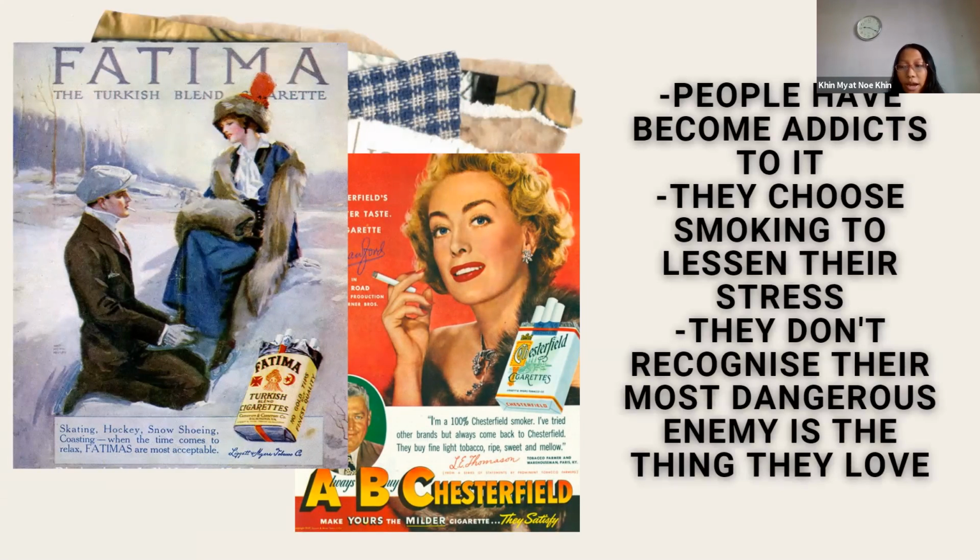People become lifelong addicts to cigarettes. So, what are the reasons for this? The reasons why people choose to smoke are to lessen their stress, feeling down or sad, or when they're depressed, or in other situations. When they smoke, nicotine enters their bodies and activates nicotine receptors in the brain, so it gives them pleasurable feelings.